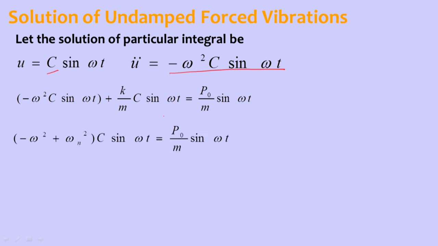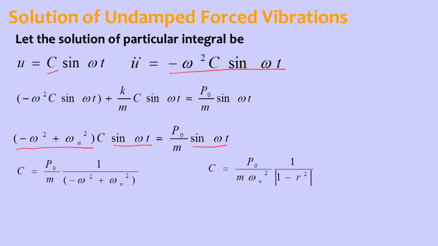As you can see, if you rearrange the above equation, we get minus omega square plus omega n square, c sin omega t, and then sin omega t. So this sin omega t is common, so we can take it out and solve for c. From the above equation we get constant c as p naught by m into 1 by minus omega square plus omega n square. Now if we rearrange these terms by taking omega n square common from this bracket, then omega n square by omega n square is equal to 1, and omega square by omega n square is equal to r squared.